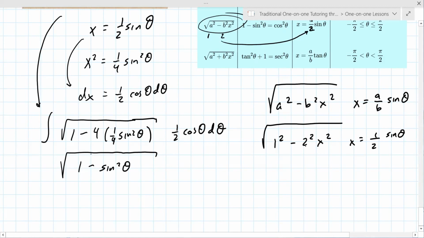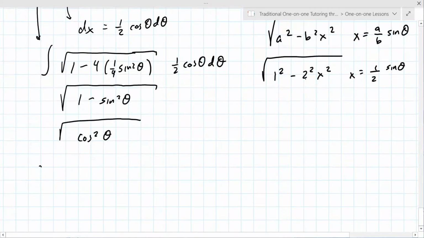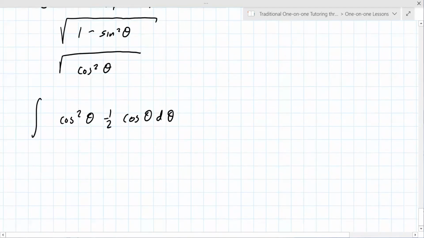Okay, so this square root becomes the square root of cosine squared theta. And then that becomes just cosine theta times 1/2 cosine theta d theta. So you end up getting 1/2, sorry, that's not right. That's not squared because you square rooted it. So you end up getting cosine squared theta d theta as your integral.